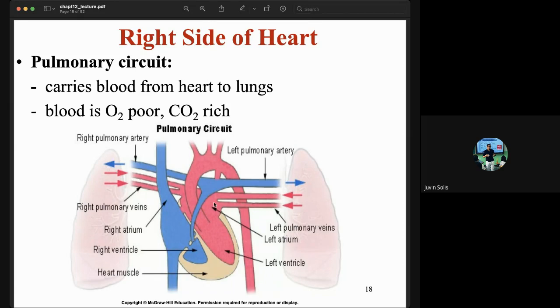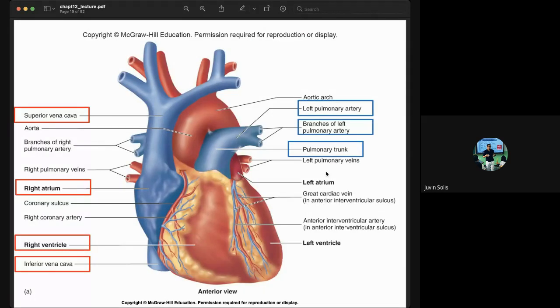And here again, remember, yung blood na nandito sa pulmonary circuit natin is mababa yung oxygen level pero mataas yung kanyang carbon dioxide level. Okay, and that's the time na ito na yung i-expel ng lungs natin. Okay, that is your pulmonary circuit. So let's talk about this one.